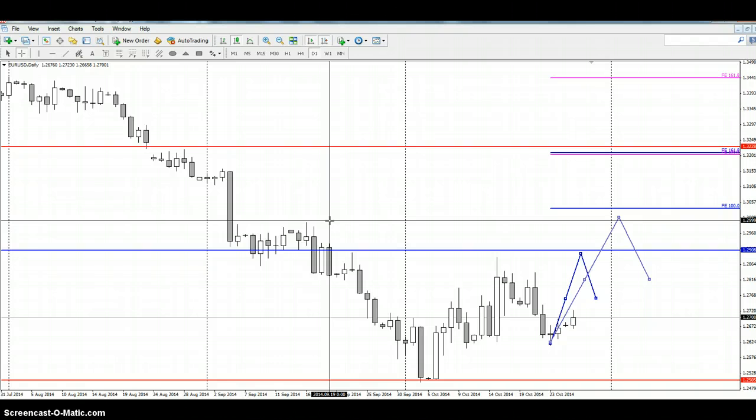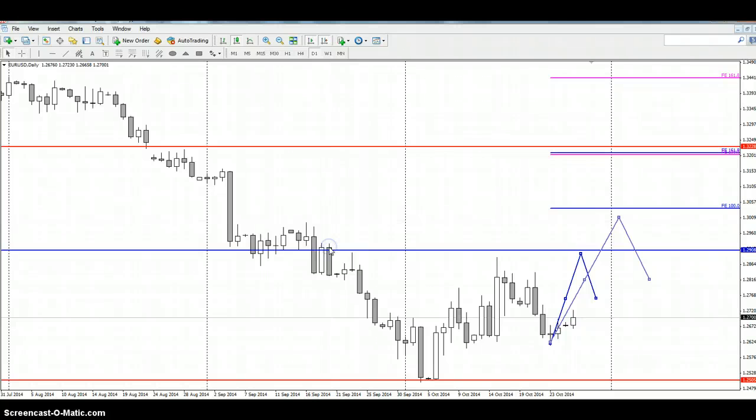Okay, so there's about 80 pip difference here. That zone here is about 80 pip.